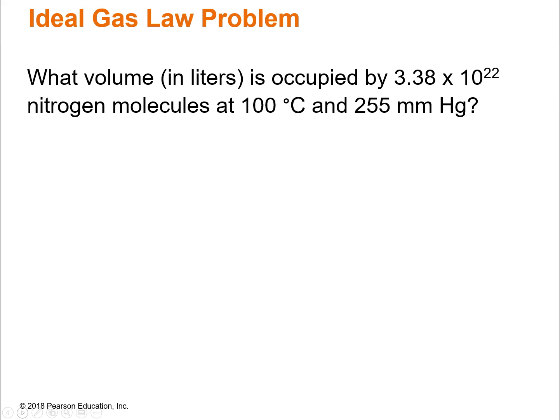Then let's do one that's a bit more complicated. What volume in liters is occupied by 3.38 times 10 to the 22nd nitrogen molecules at 100 degrees Celsius and 255 millimeters of mercury? So, let's identify what we have.